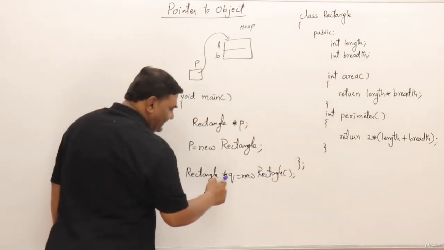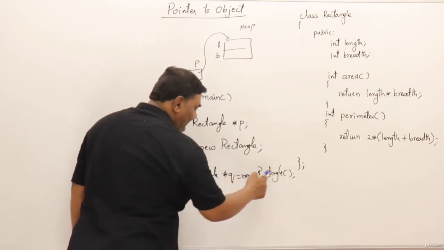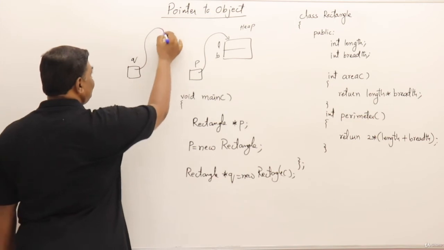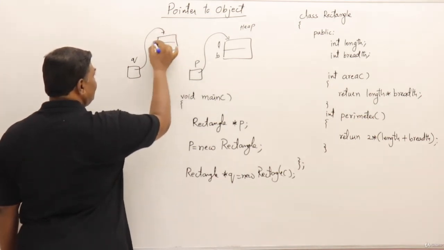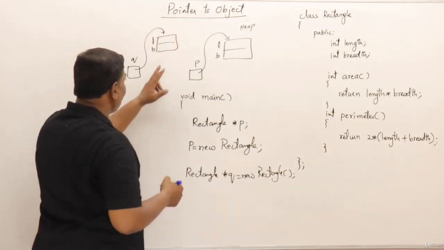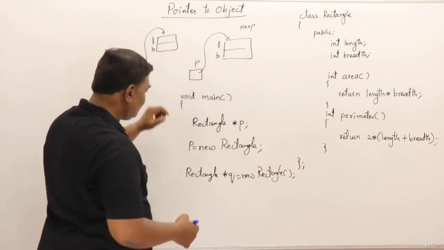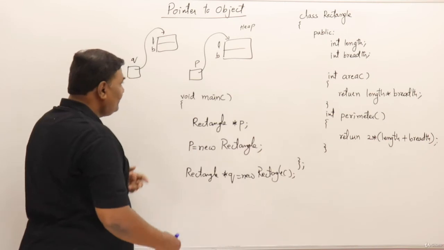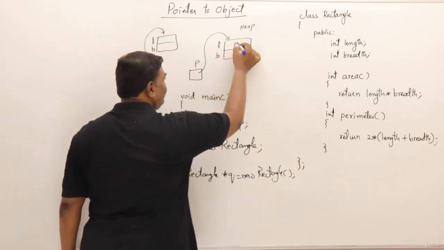So this is Rectangle star Q assign new Rectangle. Q is a pointer we have now, and another object is created in the heap with a length and breadth. There is no name for the object, but the pointer is pointing to that one. So this is the method of creating an object in the heap. Now for P, here I want to store the values 15 and 10.